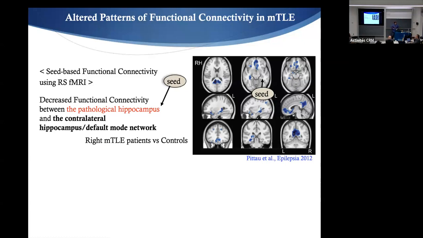And in this first study, more than 10 years ago, what we found is mainly decreased connectivity in the patients. So the patients were showing decreased connectivity mainly with the ipsilateral and contralateral hippocampal regions that you see here, but also within the default mode regions, and notably within the posterior cingulate.